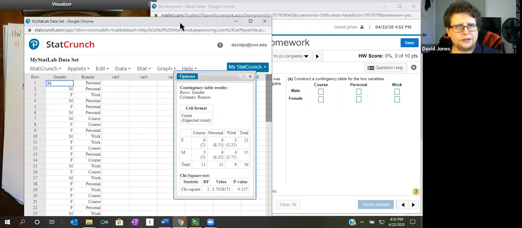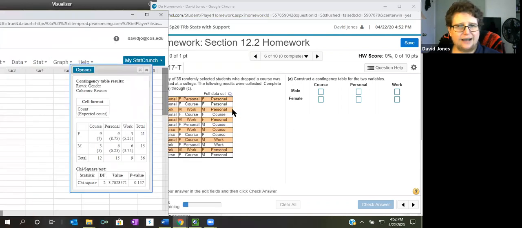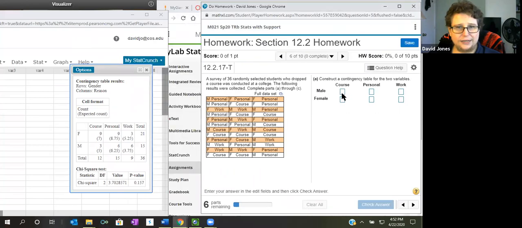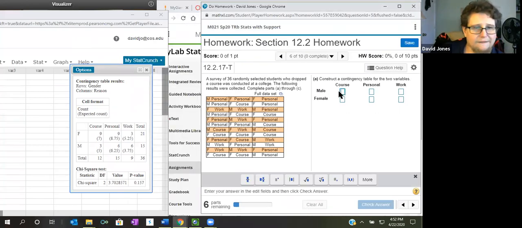So I'm just going to take those values and plug them into the answer. Female or male was the bottom row: 3, 6, 6. Female was the top row: 9, 9, 3.